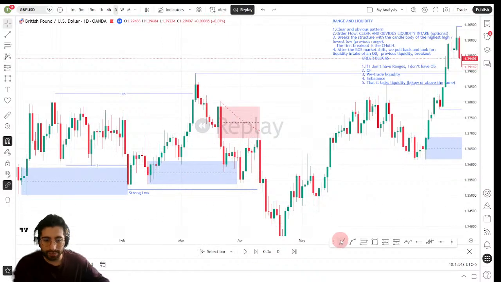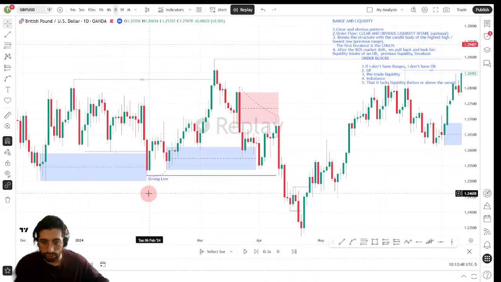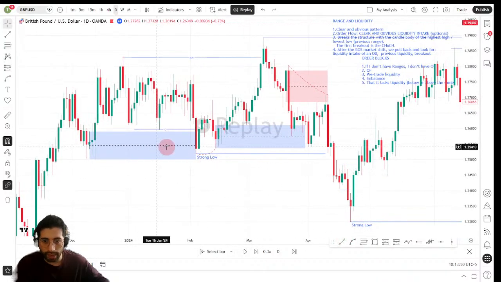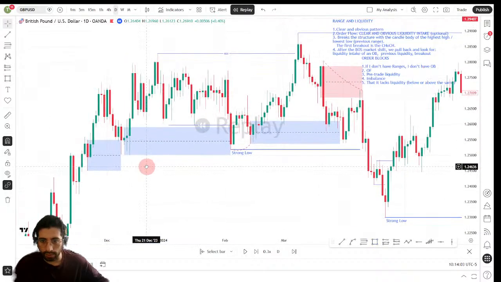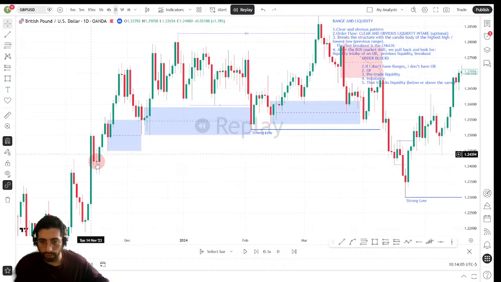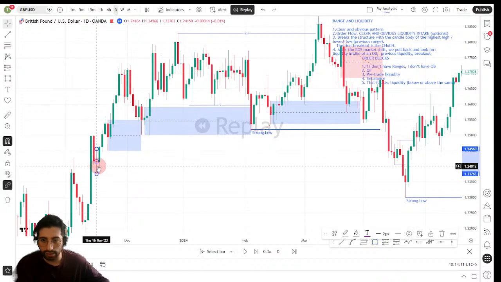I don't know if you can spot the next, but since the price has this too close together, and also prior to this order flow, there was another order flow. And it was more and more order flow. So order flow, it's actually very cool to find the beginning of a range.